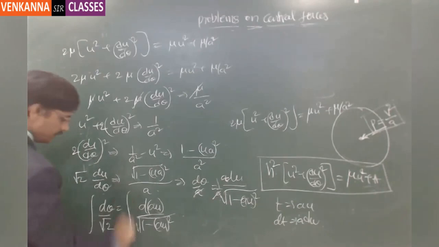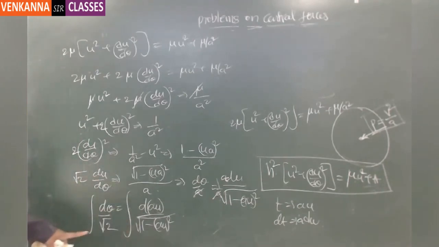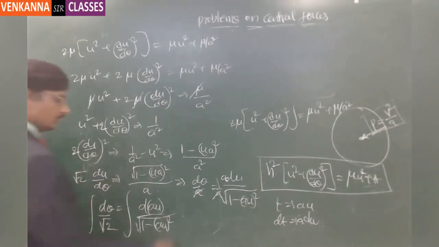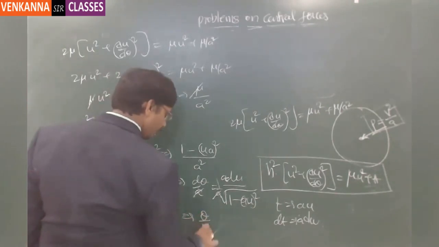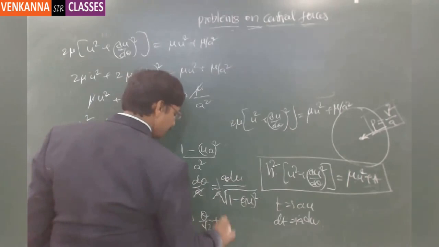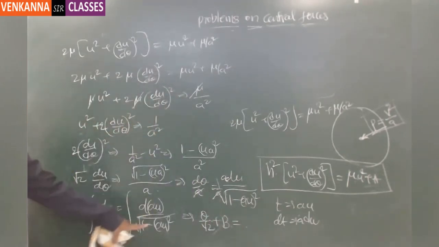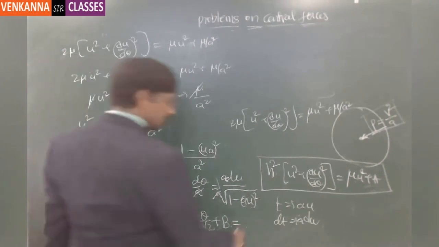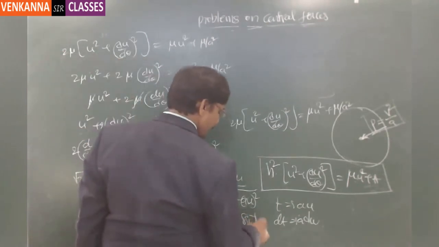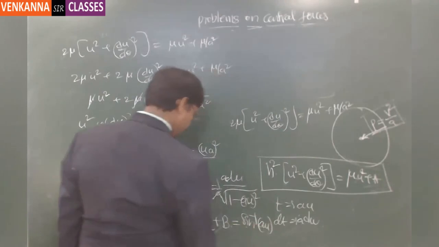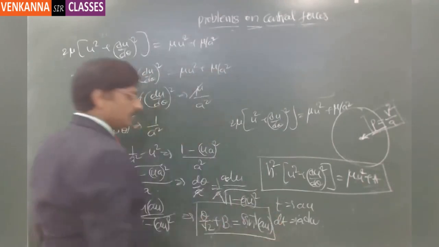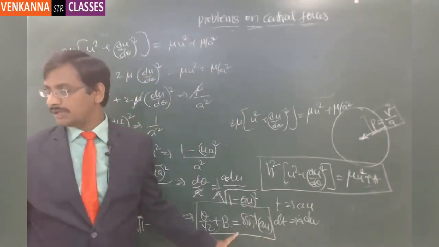Now you can integrate on either side. So if you integrate on either side, this is d theta by root 2, which implies theta by root 2 plus some arbitrary constant b is equal to, on the right hand side, dt by square root of 1 minus t square, which is nothing but sine inverse of t, sine inverse of au. So this is the equation, which is an algebraic equation now.